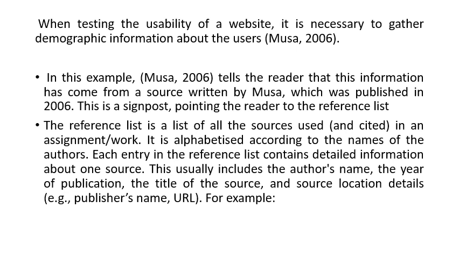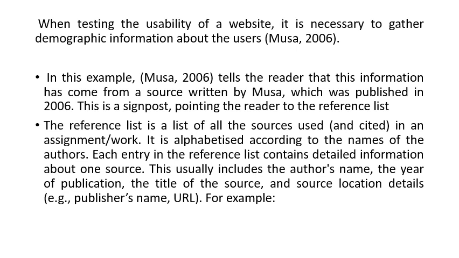Now, in the reference list, the references or the sources are arranged alphabetically according to the author's surname, and each entry in the reference list contains detailed information about one source. This usually includes the author's name, the year of publication, the title of the source, the source's location details, e.g. publisher's name, and URL.